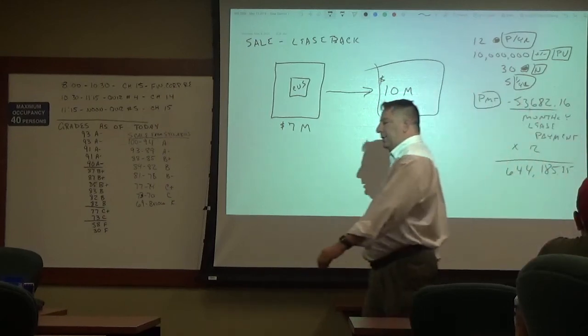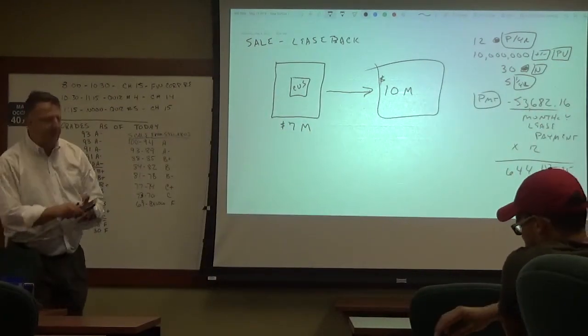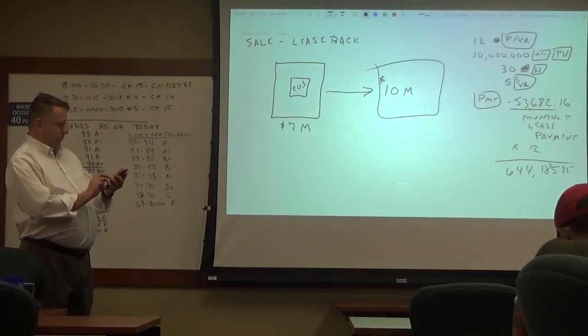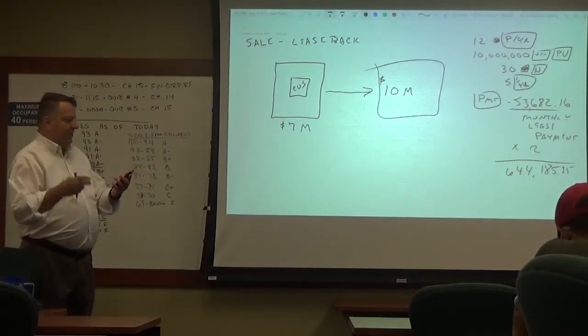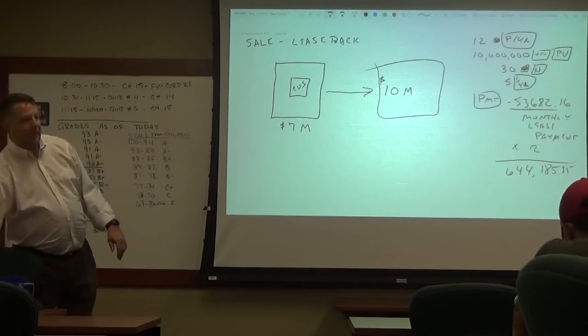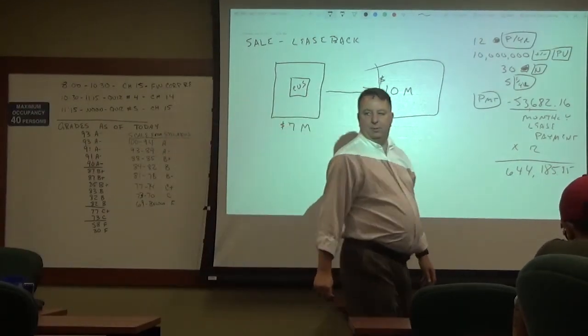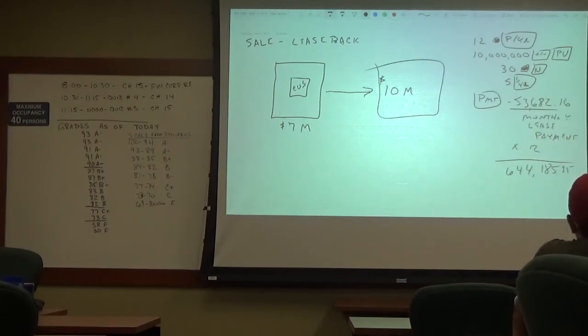Let's take 3 million divided by 644,000. Okay, it's actually 4.65 years. So they could prepay the lease for 4.65 years if they chose to, and not be out of pocket any cash whatsoever on the deal.